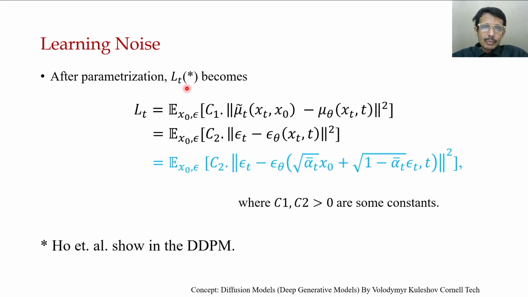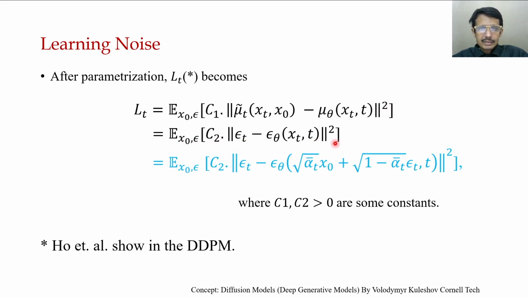Okay, so how can we learn this noise? This LT is the expectation over x0 and epsilon, where C1 is a constant term, of the L2 norm of mu tilde t of xt comma x0 minus mu theta of xt comma t, squared, and C2 is equal to this.